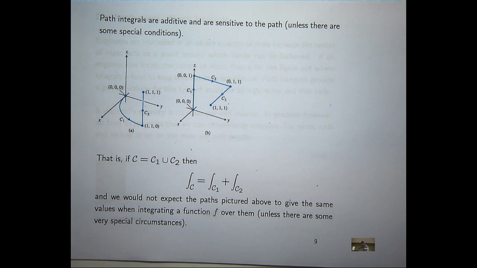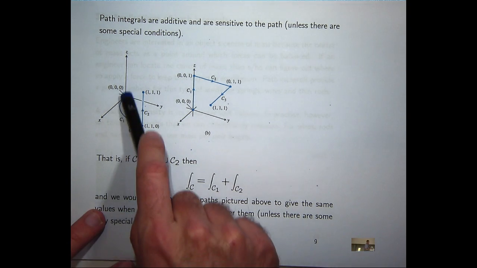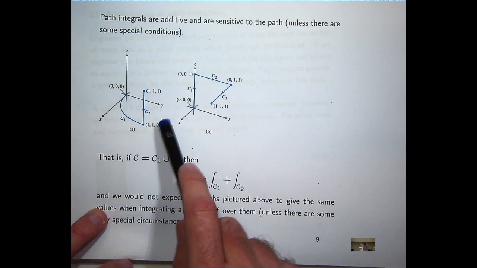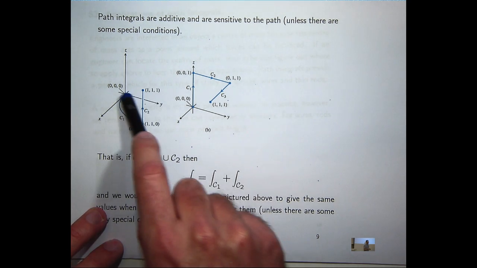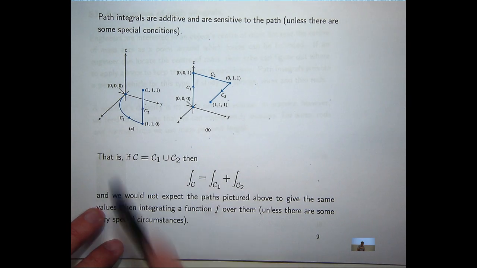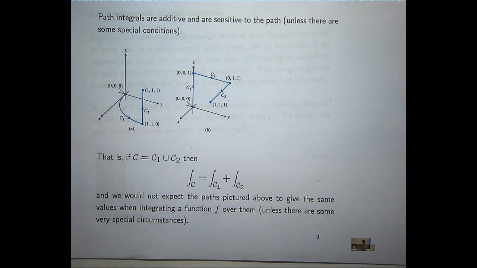Well, firstly, let's say I've got two curves here, and say I start here and I move along here and then I go up here, right? So I'm moving from this point to this point via these two subpaths. To calculate the path integral, do I just integrate over C1 and integrate over C2 and add them together? Well, yes, you can. But the line integral is dependent on the path that you choose.